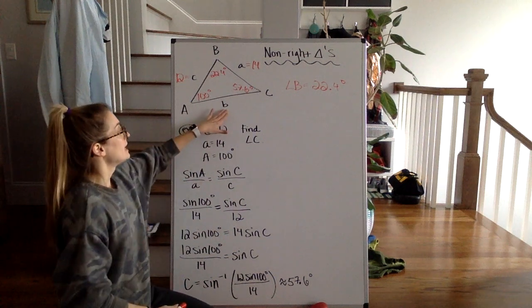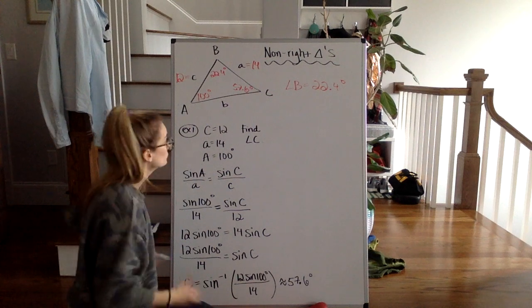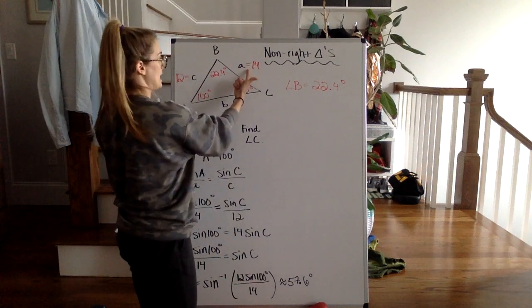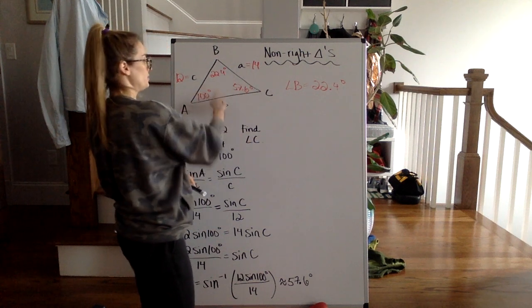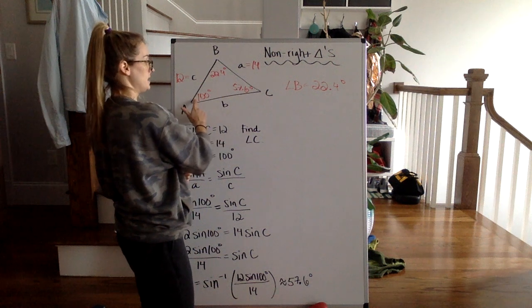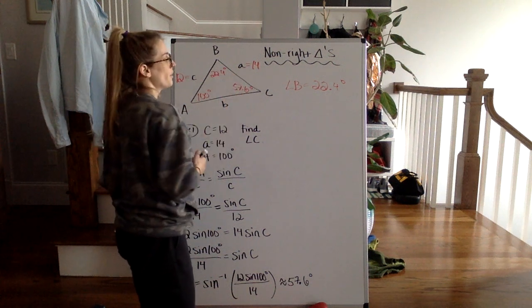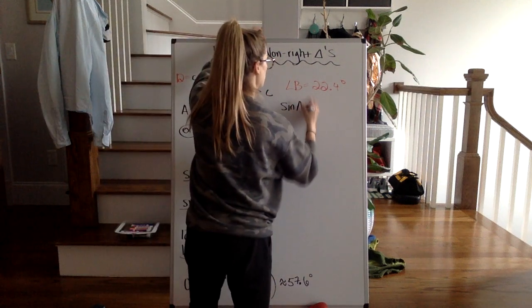But now if you want to find side length B, we're going to come back to law of sines. So you have a choice. You can use angle A and side A, or you can use angle C and side C. I would recommend using angle A and side A simply because these are exact values, whereas this was an approximation. So if we're trying to find side length B, let's set up this proportion.